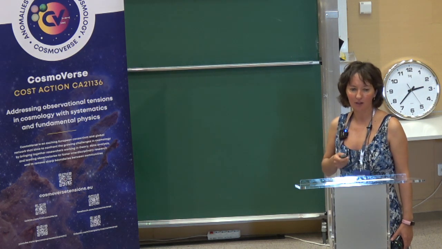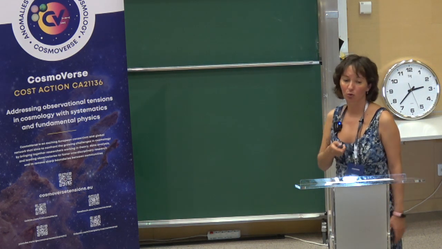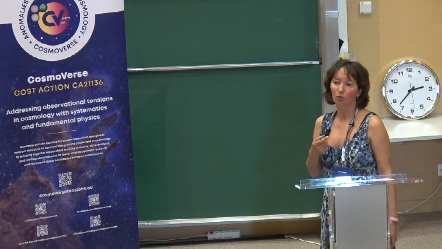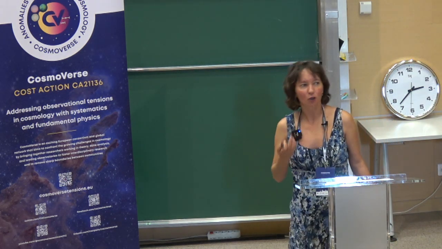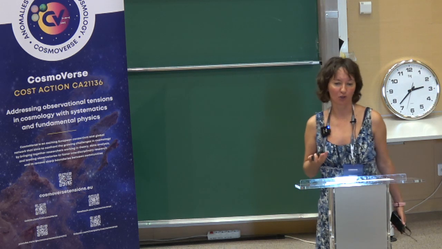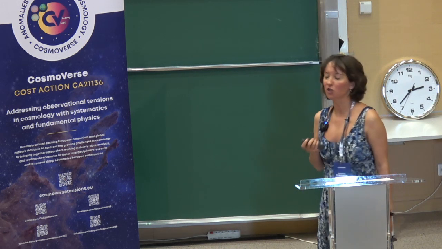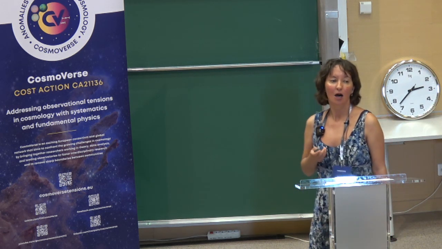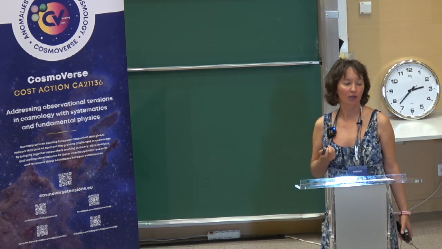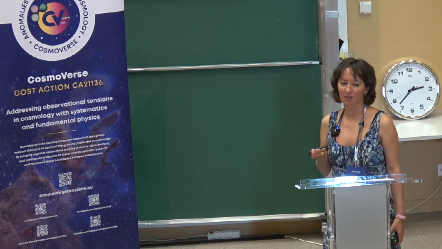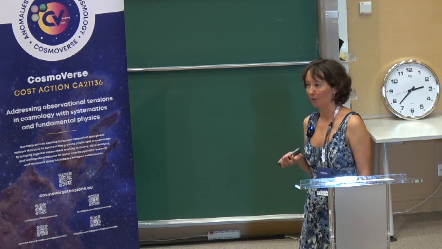So this is why we wanted to find a way, not to deal with the issue, but to work around it: to remove H0 and rd from our equations so that we can focus only on the matter density and the dark energy parameters.